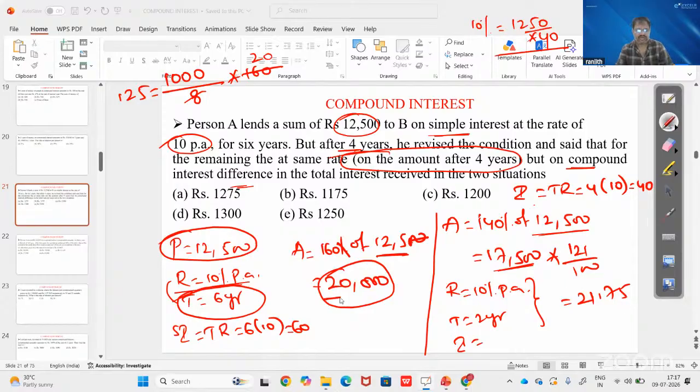Now here the value will be equal to 20,000. Here the value will be equal to 21,175. Now we need to take the difference. What is the difference? 1175.